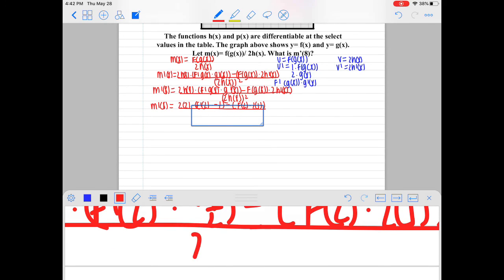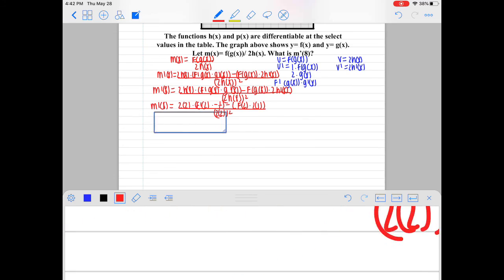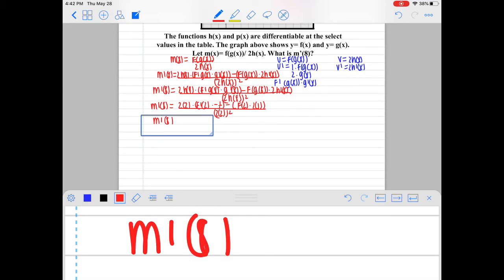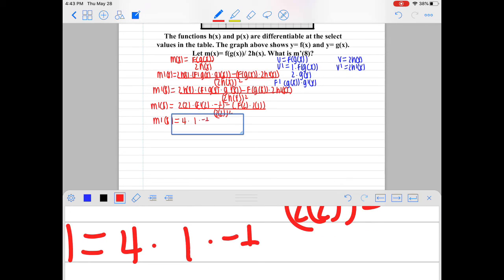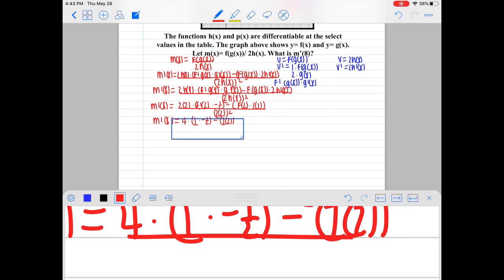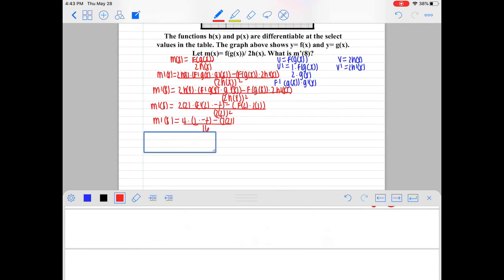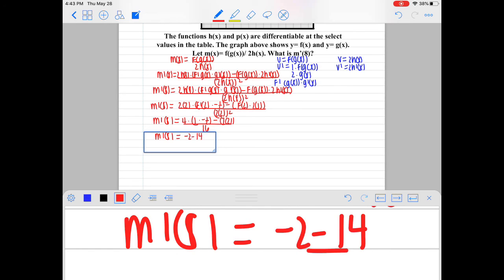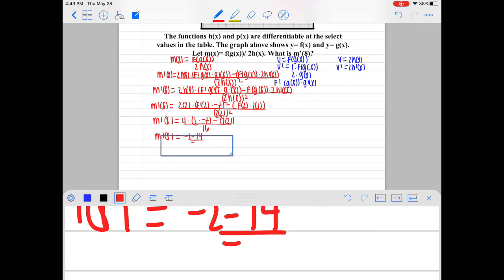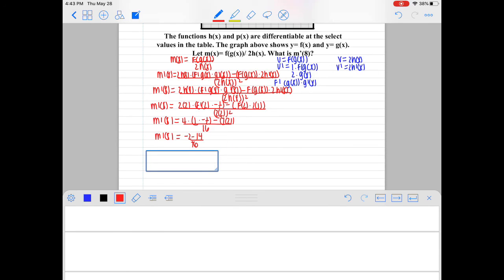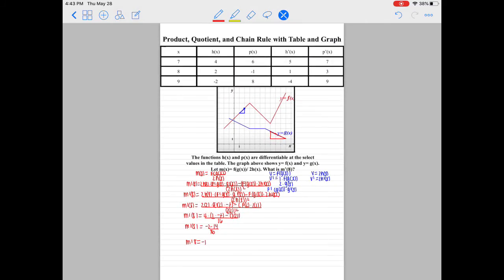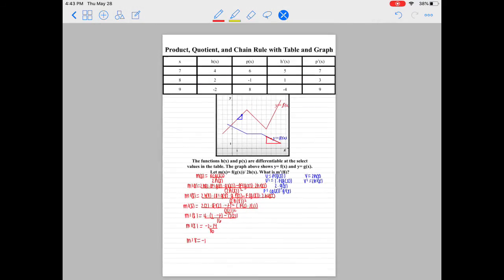So over here we have 2 times 2 times f prime of 2 times -1/2 minus f of 2 times 2 times 1 all over 2 times 2 squared, which is going to give us 4 times 1 times -1/2 minus 7 times 2 over 16, and that is going to give us -2 minus 14 over 16, which will give us -1.